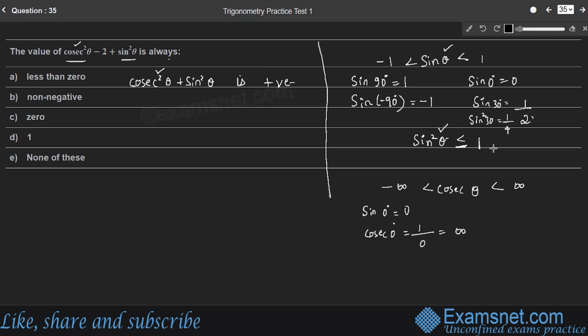Now consider cosecant of minus theta; if you consider -0, it becomes minus cosecant 0, which is -infinity, right? For the other values of theta, you will get different numbers here, but the range is -infinity to +infinity, right?